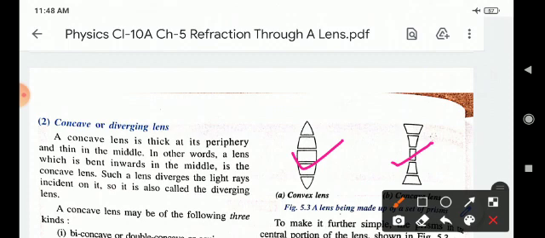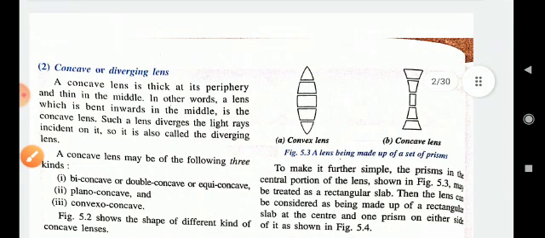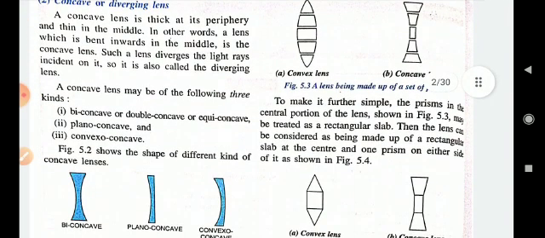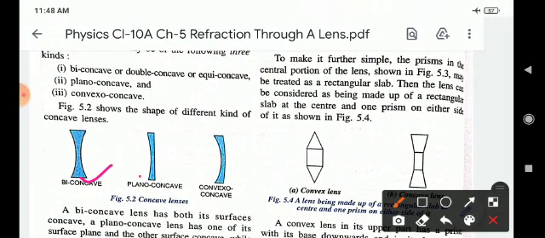Such a lens diverges the light rays incident on it, and it is also called the diverging lens. Therefore, a concave lens may be of the following three kinds: biconcave, plano-concave, or convexo-concave.